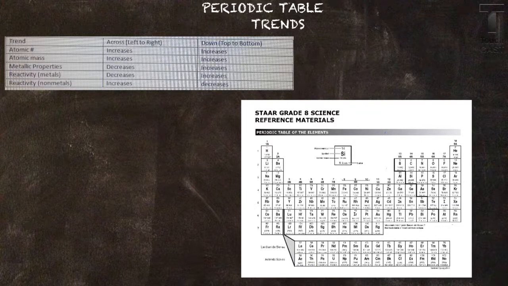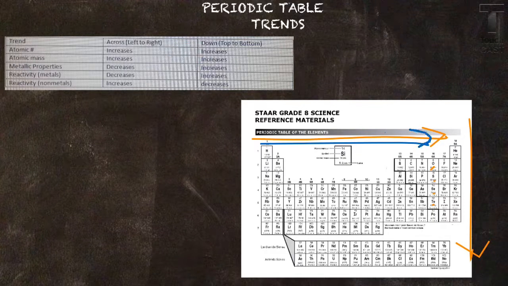You should have noticed that as you move across the periodic table, the atomic number increases: 3, 4, 5, 6, 7, 8, etc. As you move down the periodic table, the atomic number also increases: 8, 16, 34, 52, etc. Same thing goes for atomic mass. If you move across the periodic table, the atomic mass is going to increase. If you move down the periodic table, the atomic mass is going to increase.